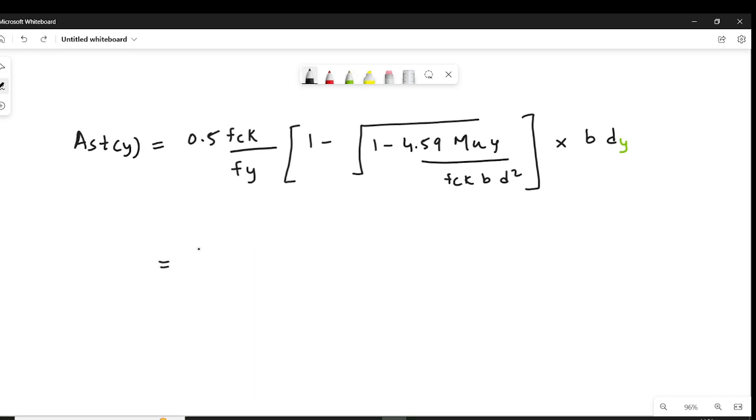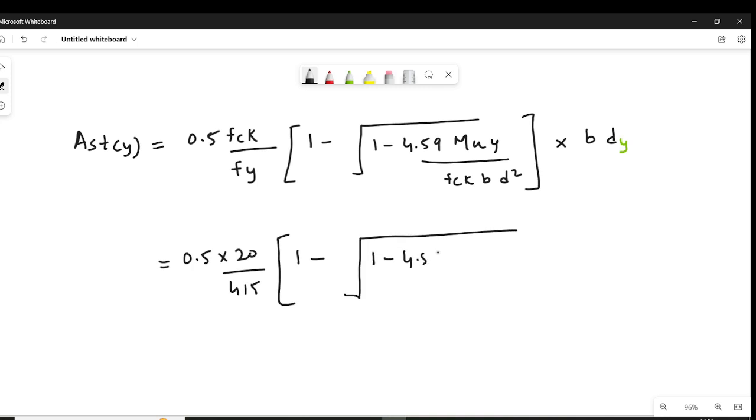Now you know all the values, just substitute in this equation. 0.5 into 20 divided by 415, 1 minus under root 1 minus 4.59, Mu value is 544.5 into 10 to the power 6.